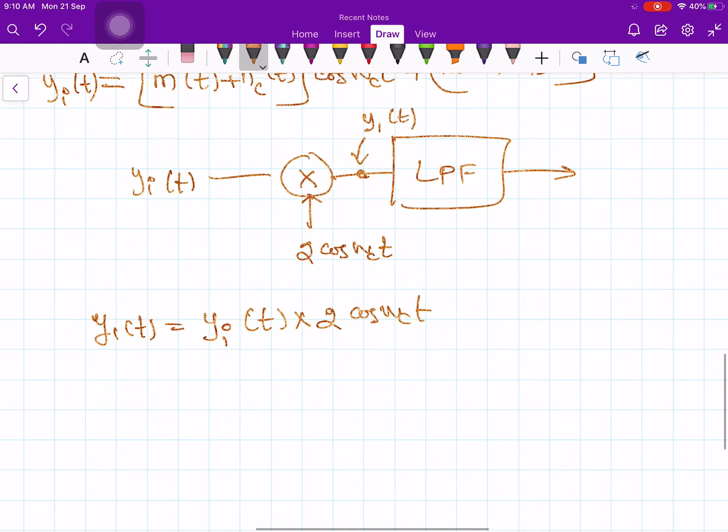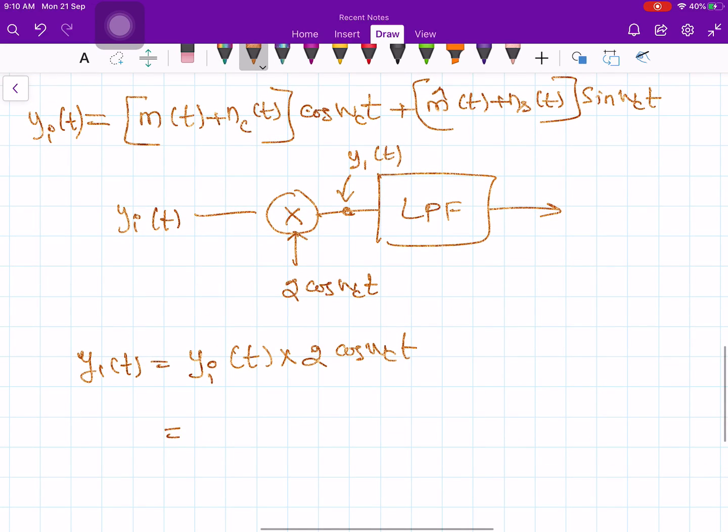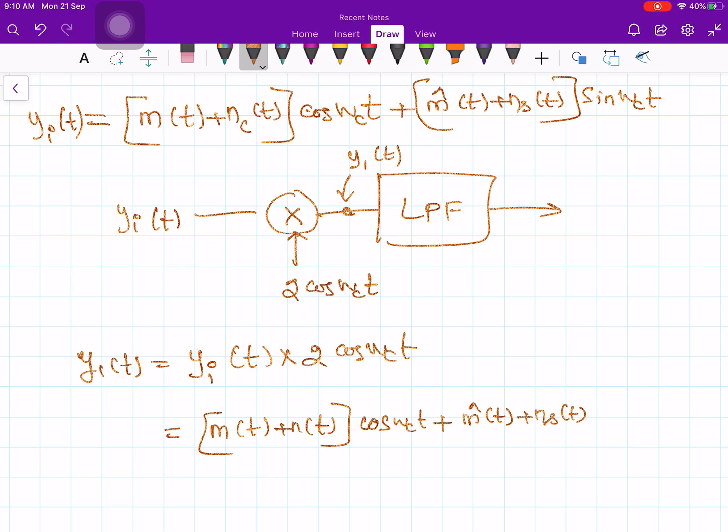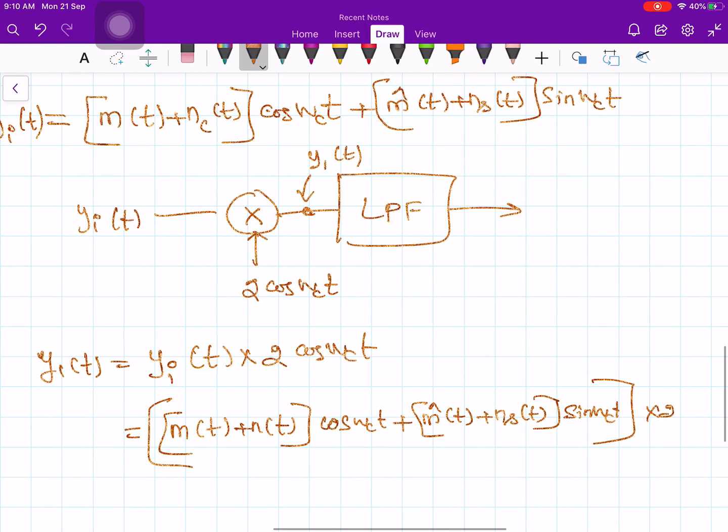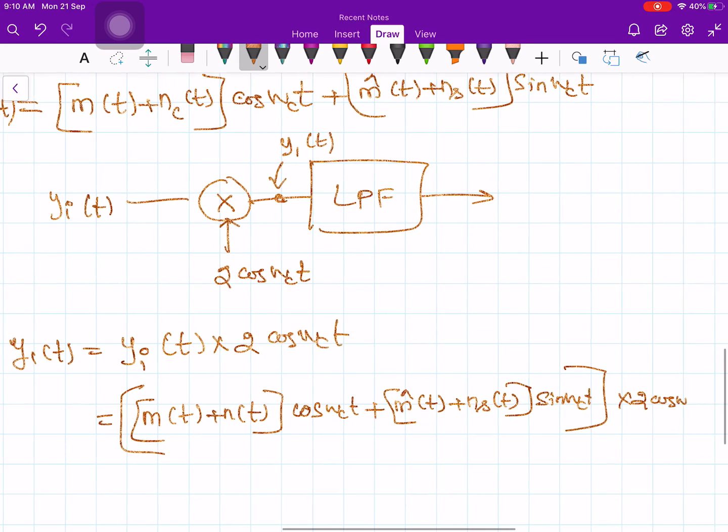Now what is yi of t? This is m of t plus n of t multiplied by cos omega ct plus m cap of t plus ns of t multiplied by sin omega ct. Whole thing is multiplied by 2 times cos omega ct.